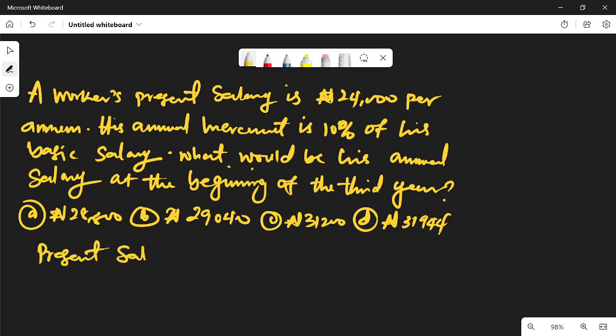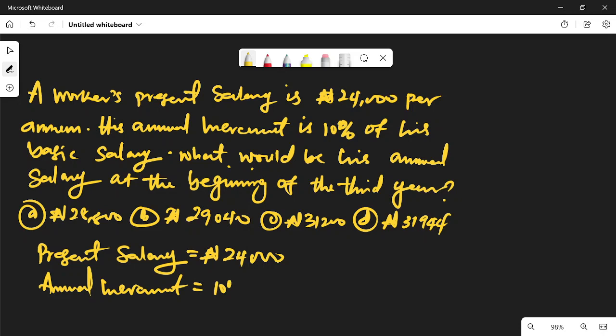So when you say basic salary, you're talking about the present salary. Don't think it is the salary per month. So basic salary means the present salary, which is 24,000 naira. Okay? So the annual increment, that is every year, they are increasing it by 10% of its current salary.